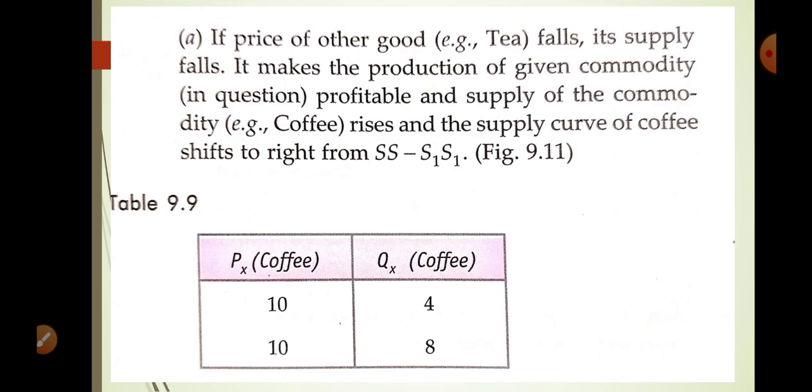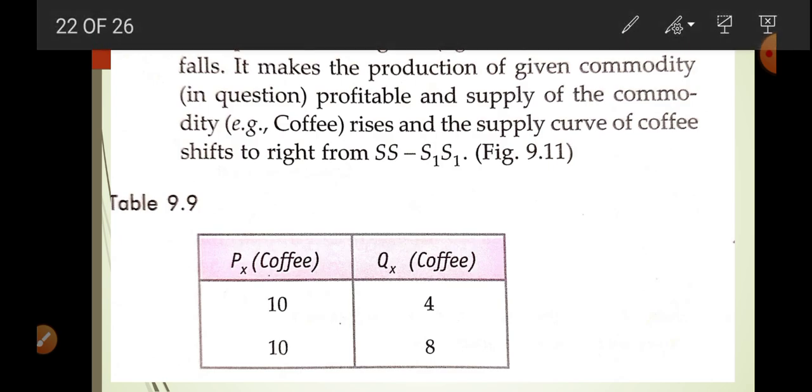Now here it is given that if the price of tea falls, the supply falls. It makes the production of the other commodity, coffee, profitable, and the supply of coffee is going to rise, and the supply curve of coffee shifts to S1. Here you can see that 4 and now supply of coffee is 8. Why?